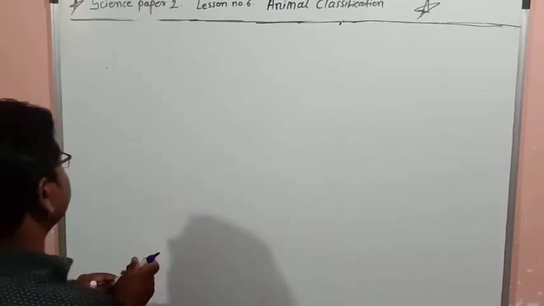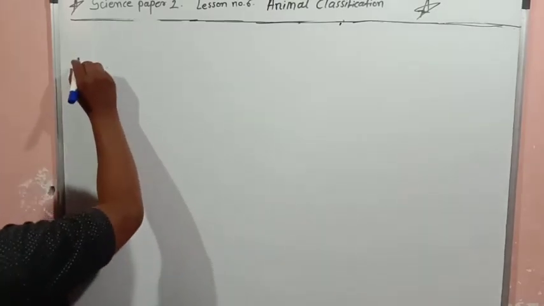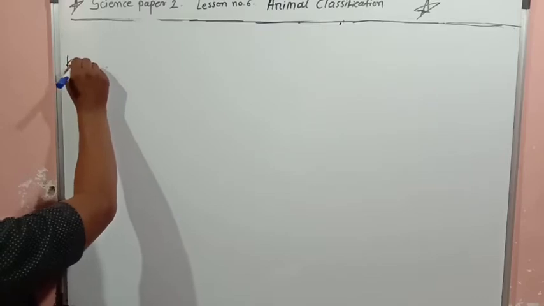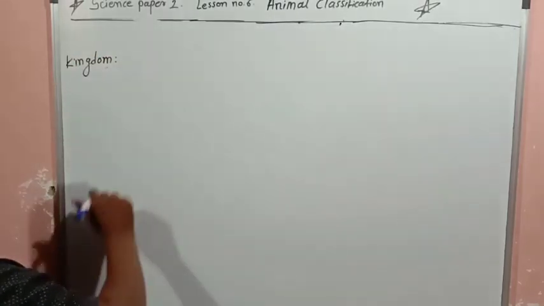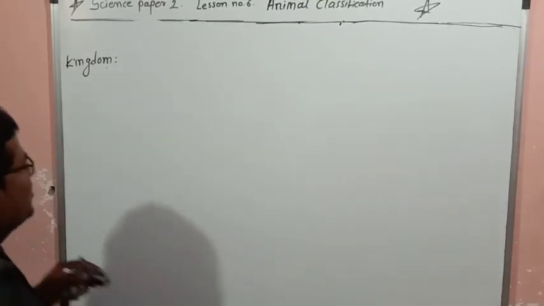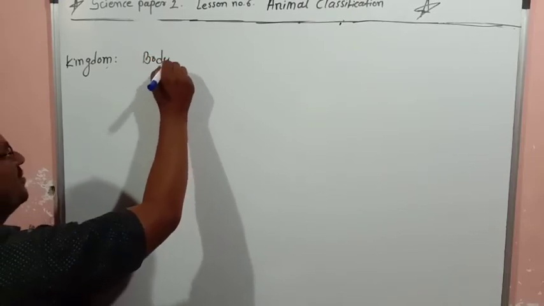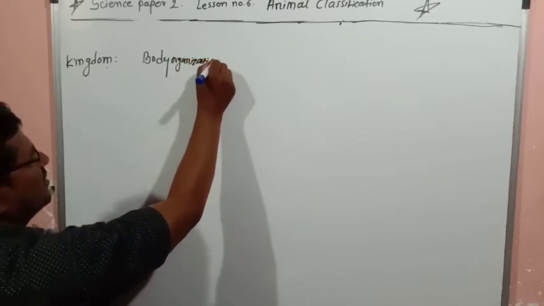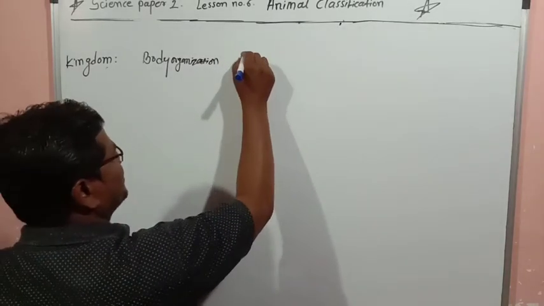In that, the first thing is kingdom. Which kingdom is there? Animalia. After that, body organization criteria. Then the next one is body symmetry.